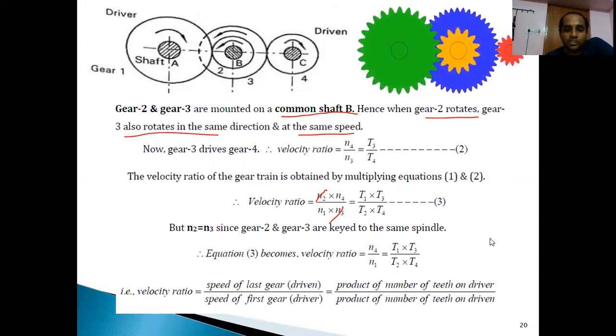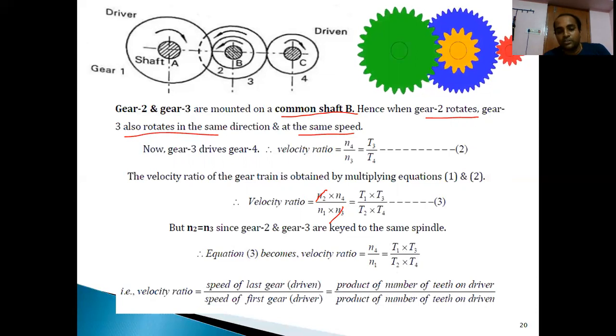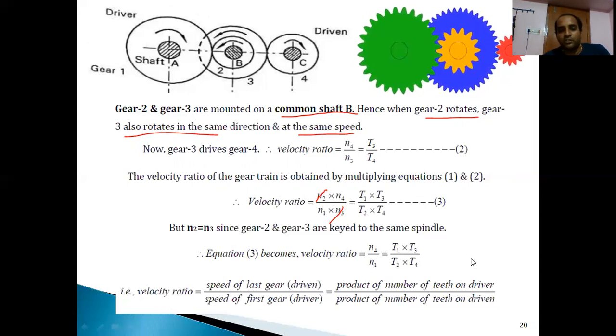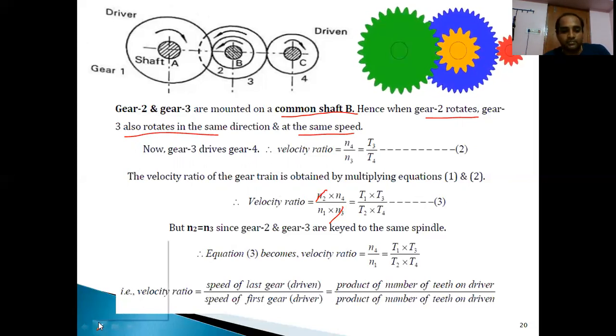This is the relation for finding the velocity ratio for a compound gear train. So always keep this in mind. For a compound gear train, the speed of the driven gear to the driver gear is equal to the product of the number of teeth on the driver gears to the product of the number of teeth on the driven gears. This is the principle for finding the velocity ratio of a compound gear train. Thank you, students.